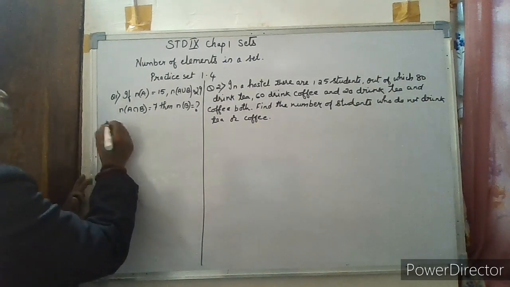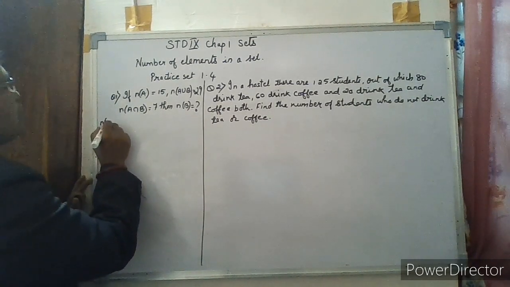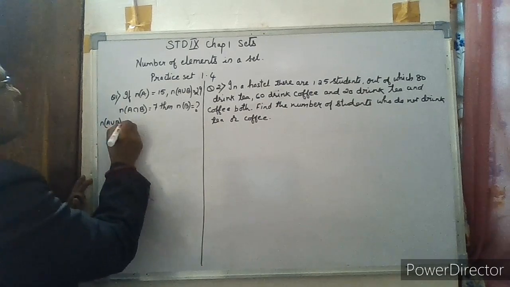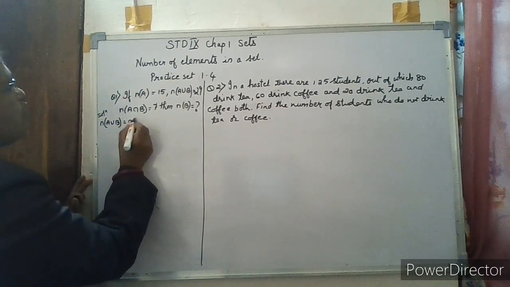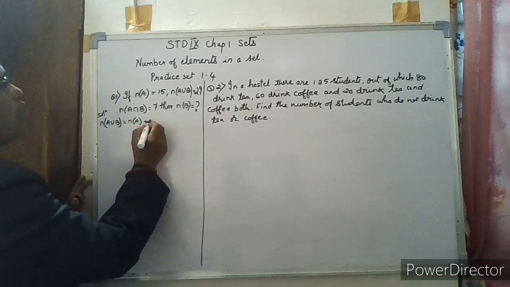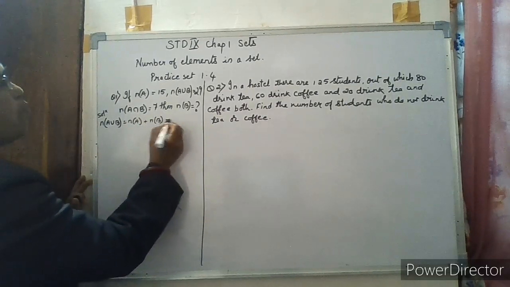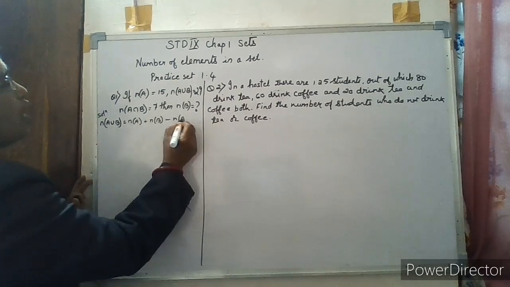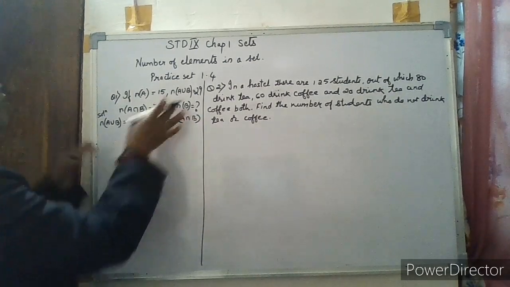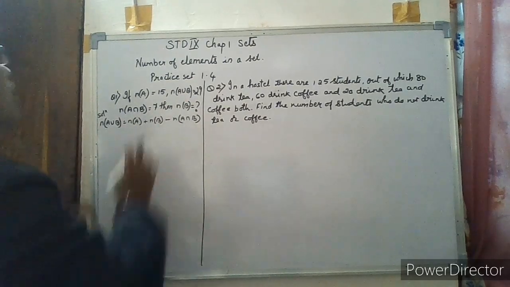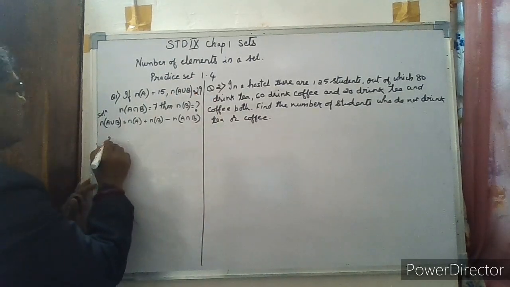So using the same formula, the number of elements of A union B is equal to the number of elements of set A plus the number of elements of set B minus the number of elements of A intersection B. So substitute the values given. A union B is equal to 29.